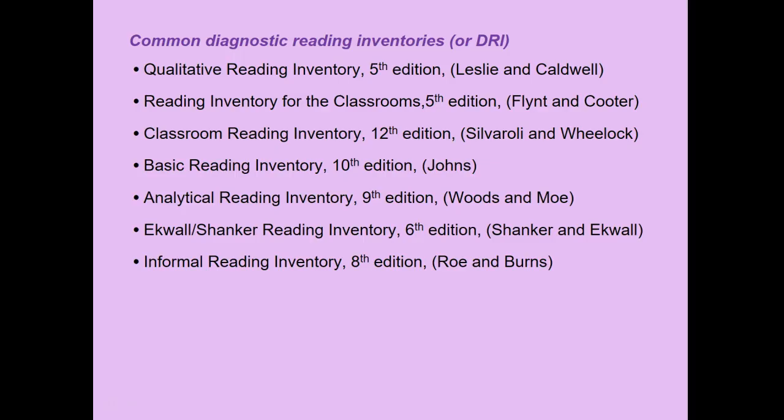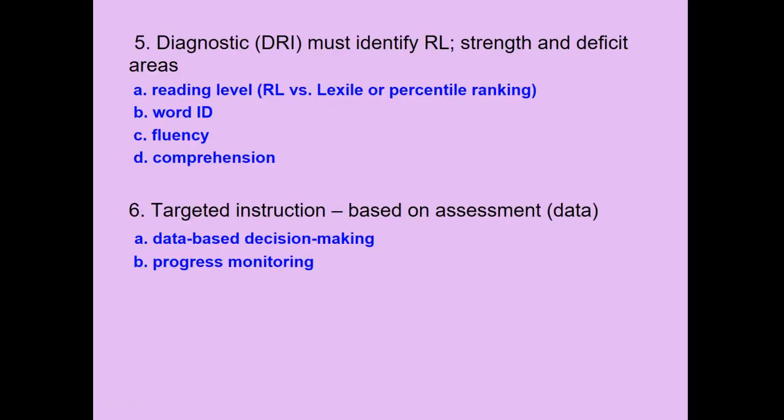Now, I recommend an informal reading inventory, a diagnostic reading inventory, or a diagnostic reading assessment of some sort, qualitative reading inventory. These are all good. They can all be used. This will give you data on reading fluency, word identification, and comprehension.